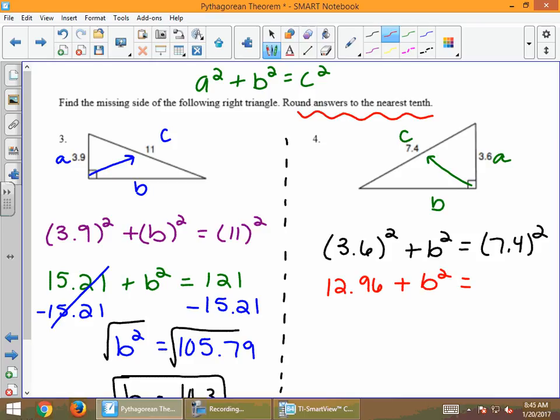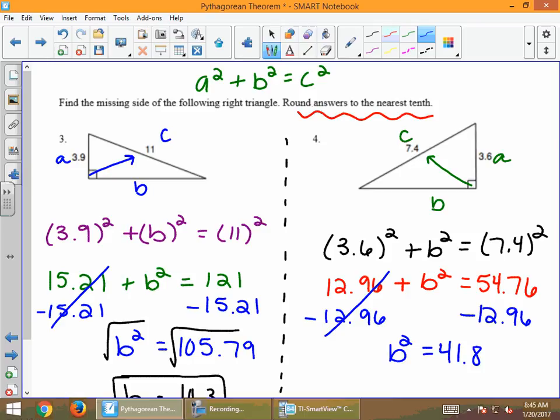And then we're going to do 7.4 squared in your calculator, and that gives you 54.76. Just like the last problem, we want to get that variable by itself, so we have to move over this 12.96. So we're going to subtract it on both sides. That way it cancels. We're left with B squared is equal to, when you subtract that in your calculator, it gives you 41.8.